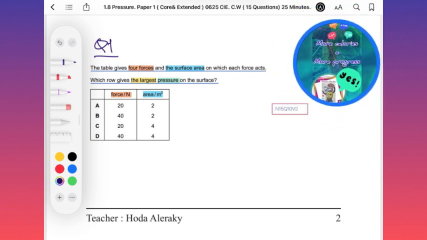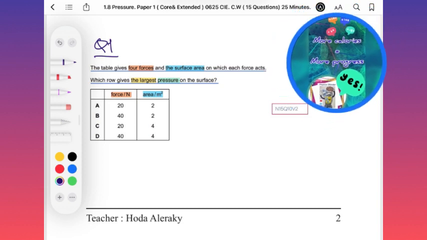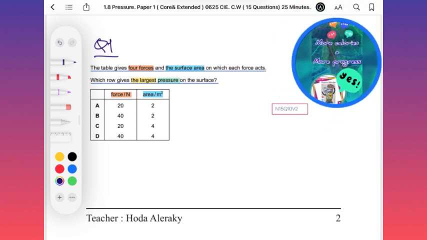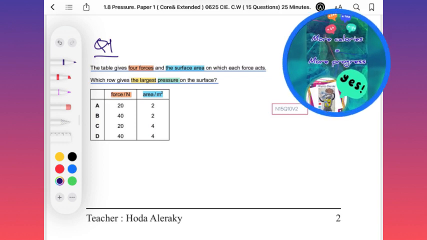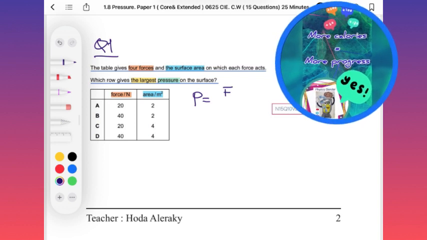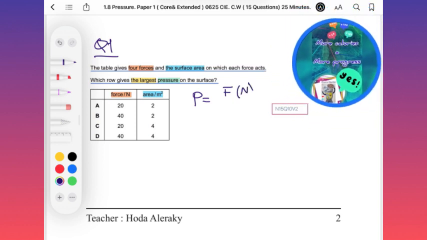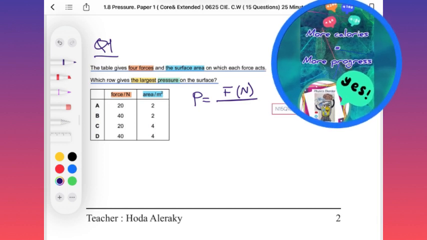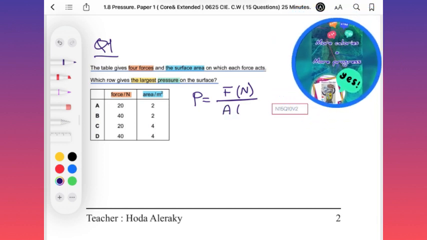Which row gives the largest pressure on the surface? We have 4 cases. You have to apply the equation used to calculate pressure. Pressure is equal to force, the applied force in Newtons, divided by the contact area or base area measured in square meters.